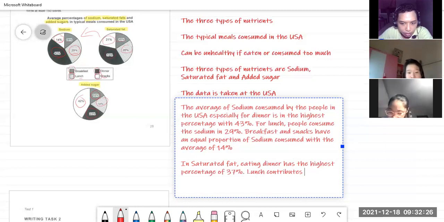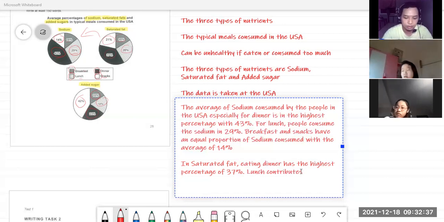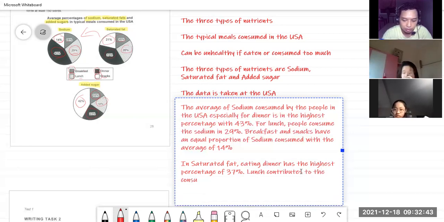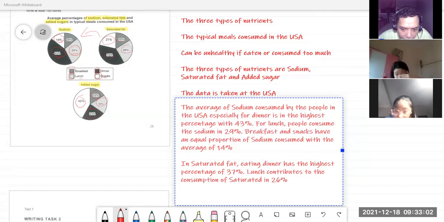Okay, lunch contributes to the consumption of saturated fat in how much? 26%.